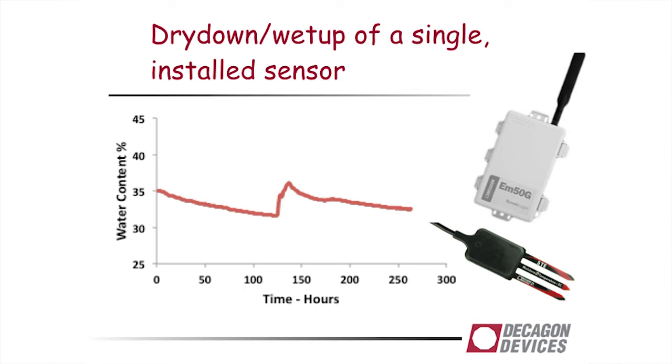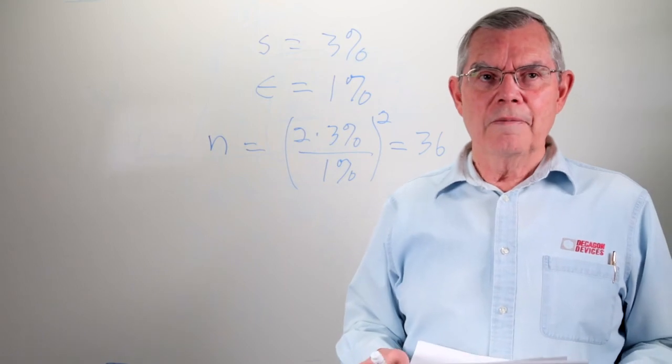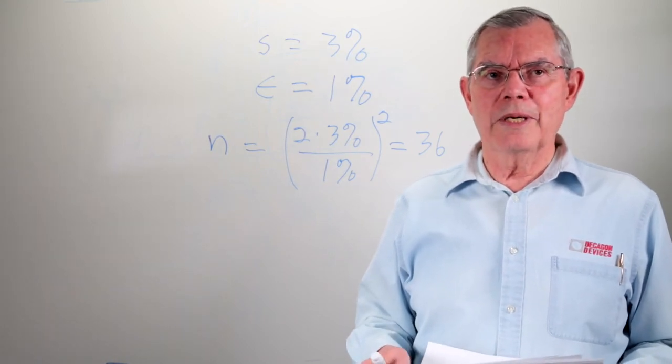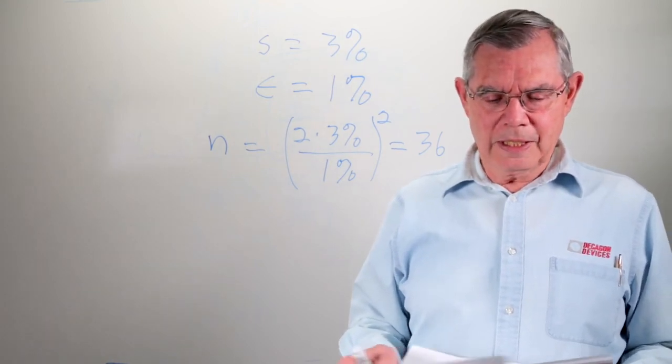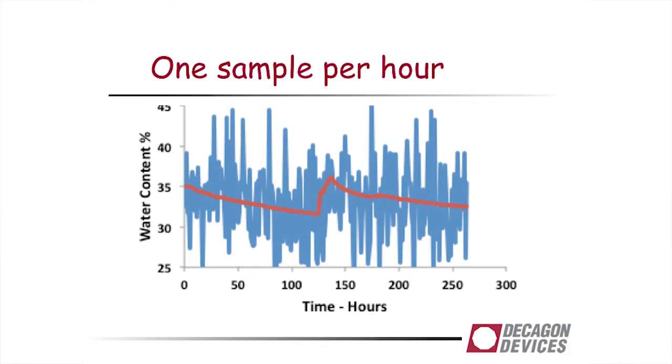Now, if this guy that wanted to provide the irrigation scheduling service had wanted to do this same thing by sampling, the next slide shows the result that he would have gotten if he had gone out every hour and taken one soil sample and plotted the result. This is what he would have gotten, the blue lines that you see.